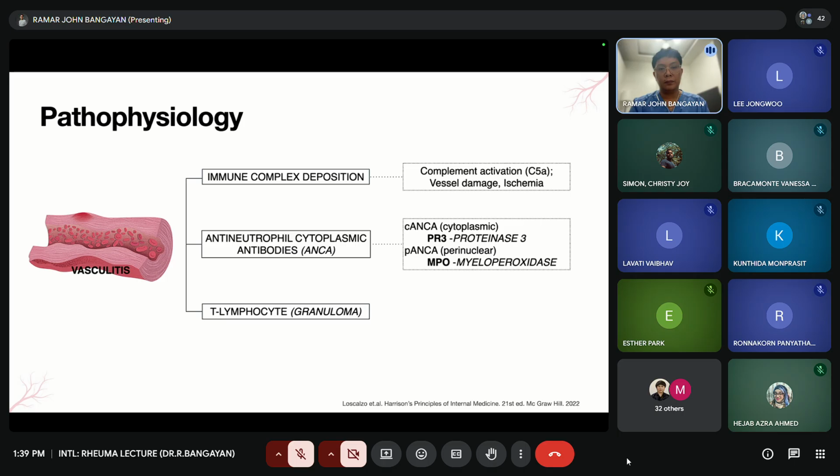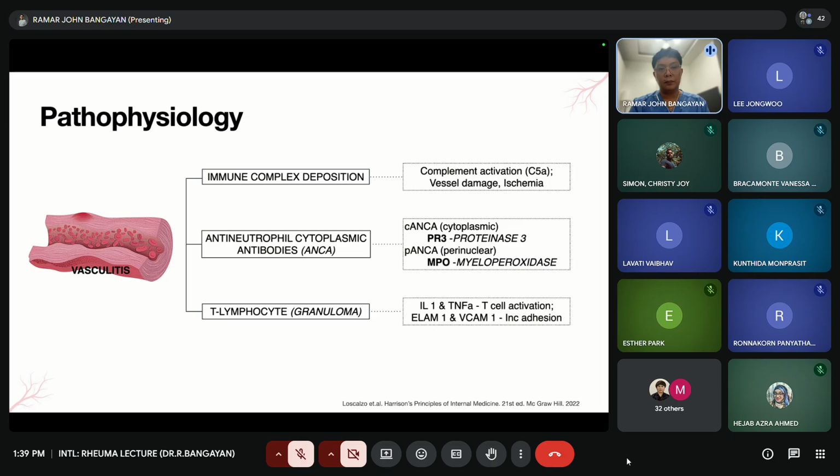And then for P-ANCA, located on your perinuclear membrane, it's called your myeloperoxidase. So it's MPO. But in old journals, when you do your research, you can read C-ANCA and P-ANCA. Just the same, that's the same as your PR3 and MPO. But you have to know that PR3 is your C-ANCA and MPO is your P-ANCA.